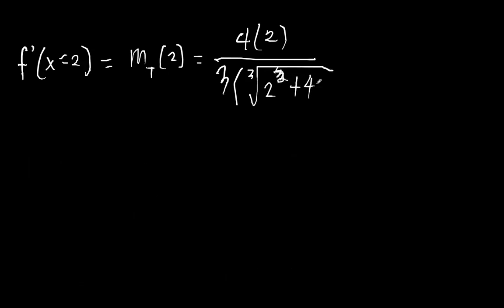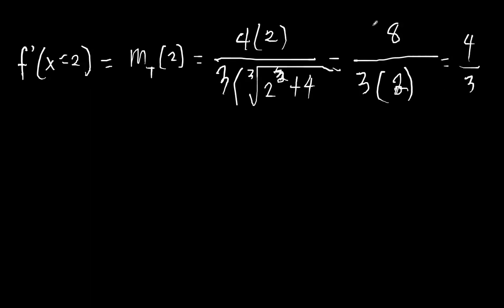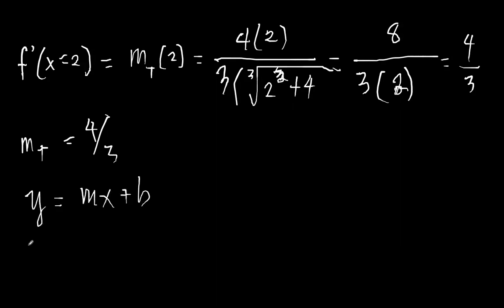This is 8 over 3, and 4 plus 4 is 8. The cube root of 8 is 2. So this is equal to 4/3. So the slope of the tangent line is 4/3, and we're looking for y equals mx plus b, which is y equals 4/3 x plus b.